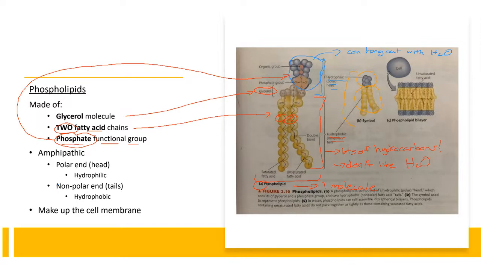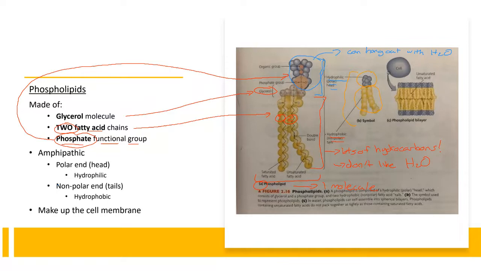And what happens when you put this molecule in water? Is it going to separate? No, it's going to create something like a vesicle, like a cell, where it's going to have the heads. These are going to be the hydrophilic heads.